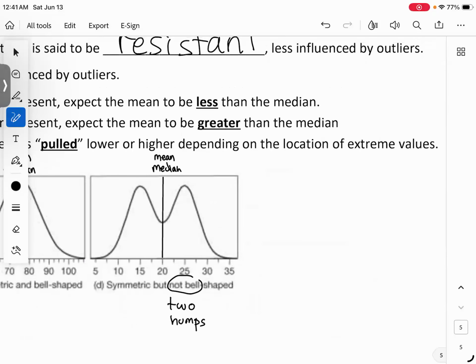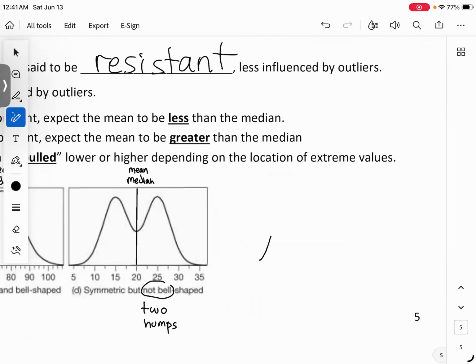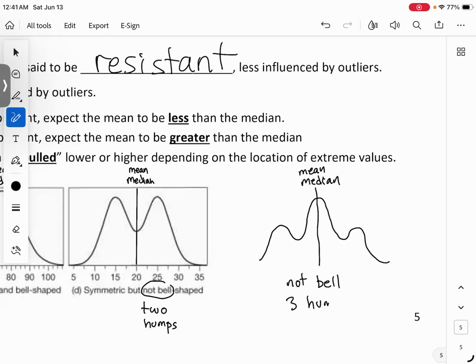And here I'll do one more for you. What if I had one that looked like this? Like one, two, three humps. Same thing: mean and median in the middle because of the symmetry, but not bell-shaped because it's got three humps.